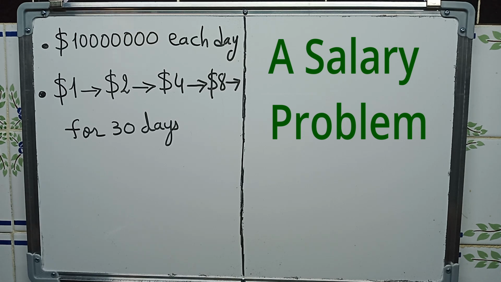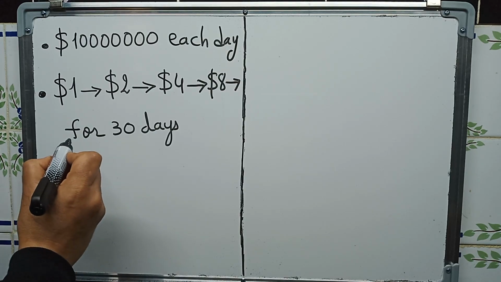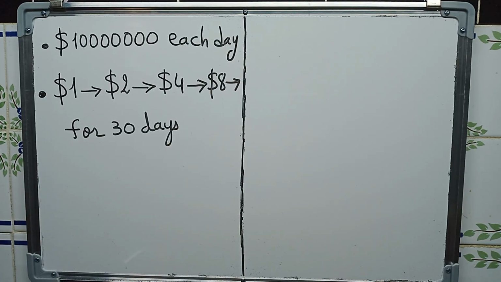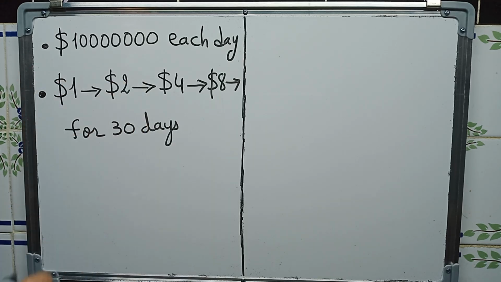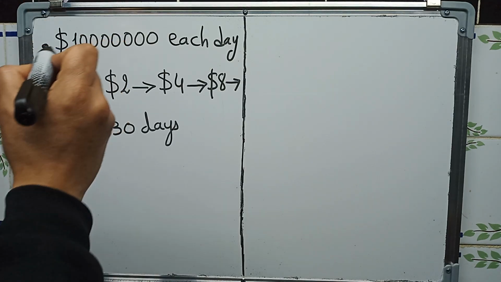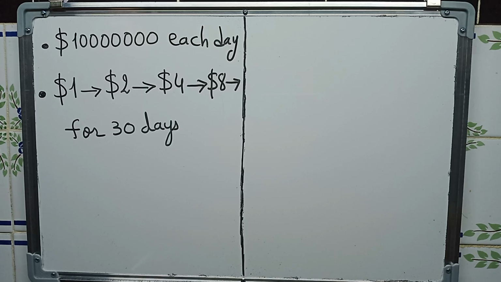In this problem, you have to choose between two payment options for 30 days. The first one is $10 million each day, meaning the first day $10 million, second day $10 million, and continuing for 30 days.